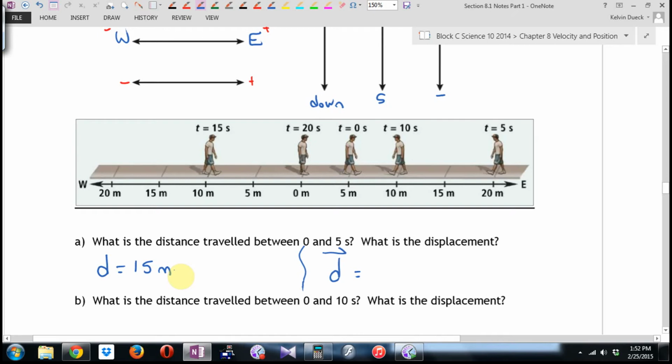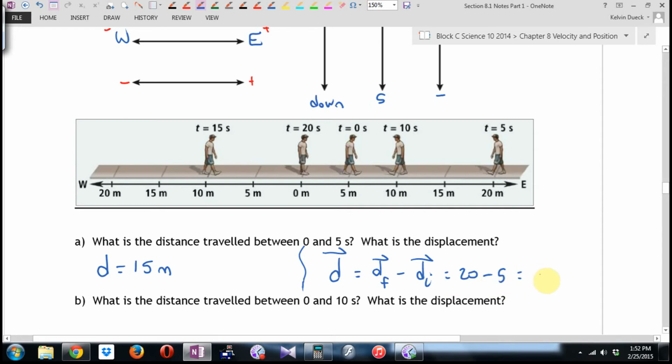What about the displacement? Now remember, I said this. Displacement is final minus initial. Repeat what you just said. What was my final position or location? Minus. What was my initial?